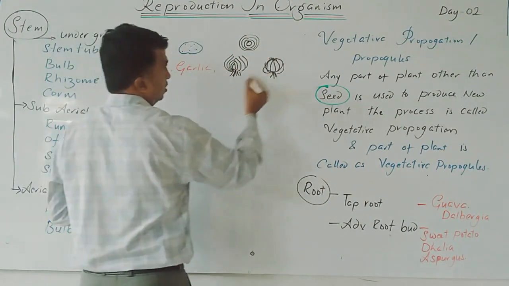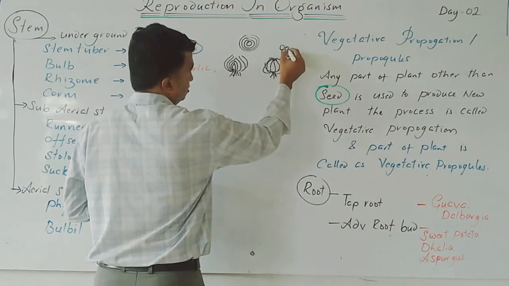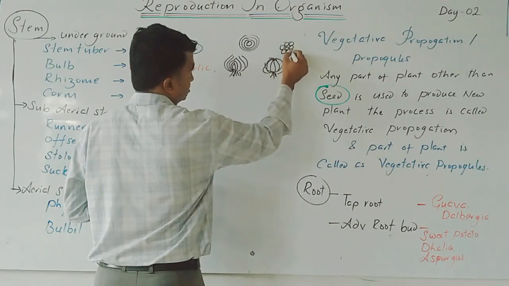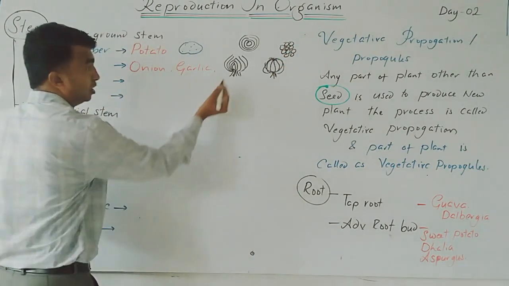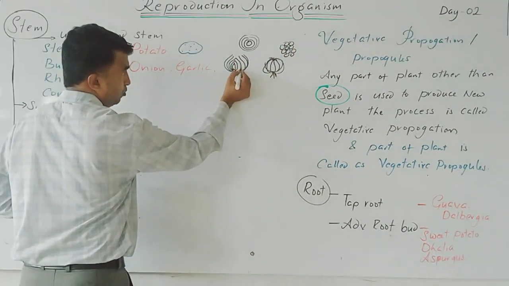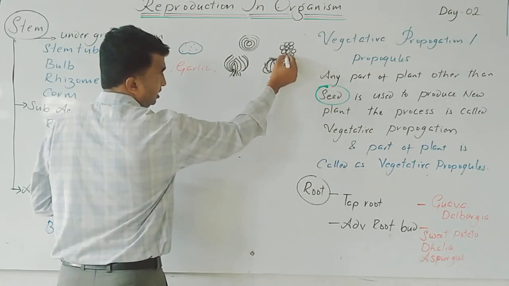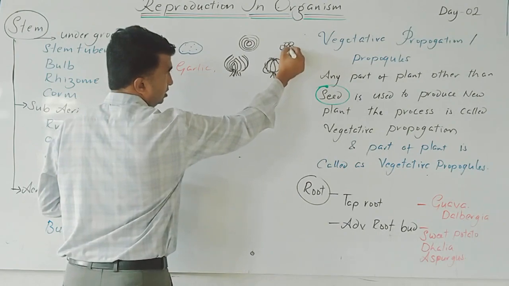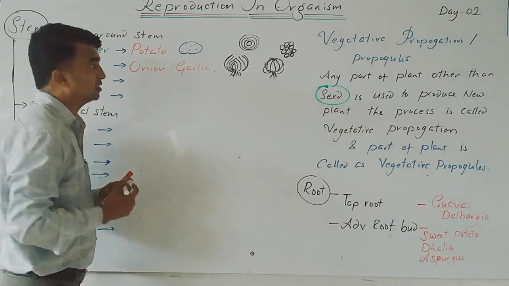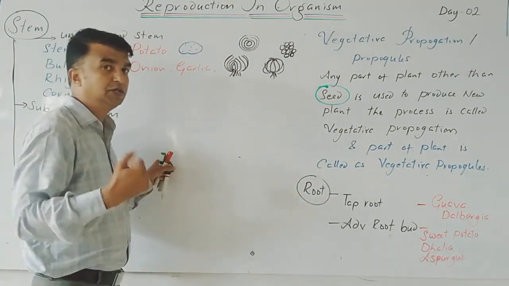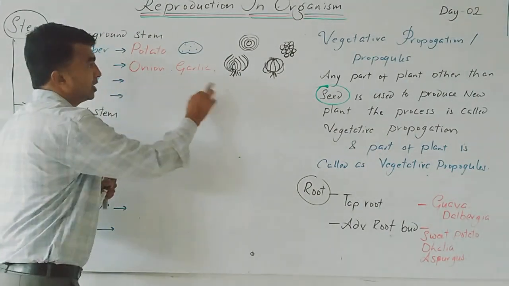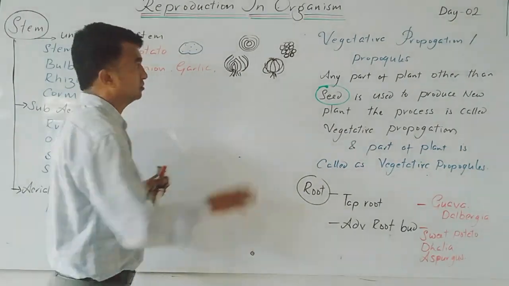If you cut the garlic, you will get scaly leaves like this. The complete onion is covered by one protective covering, and in the garlic each fleshy leaf is covered by its own tunicum. That's why the onion is unitunicated and garlic is multitunicated.